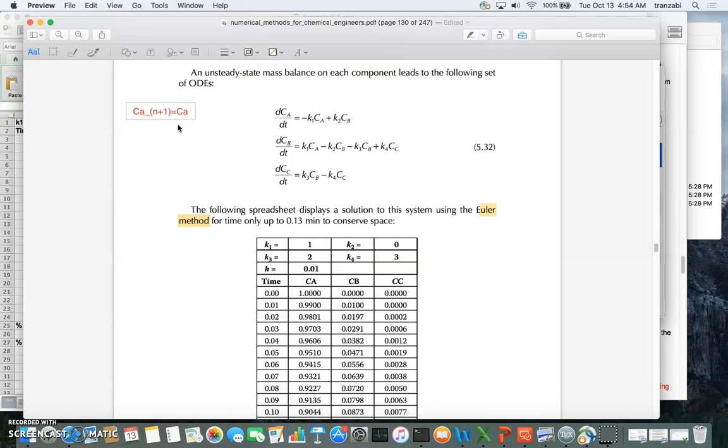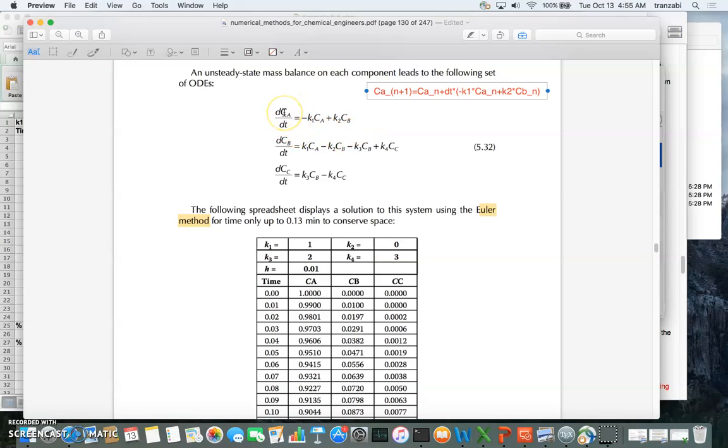It should be Ca at time n plus dt times, this is going to be my F, right? So this should be evaluated at the current state, which means minus K1 times Ca at time n plus K2 times Cb at time n. Okay, let me move it over here. So this is the forward Euler expansion of the first equation, right?